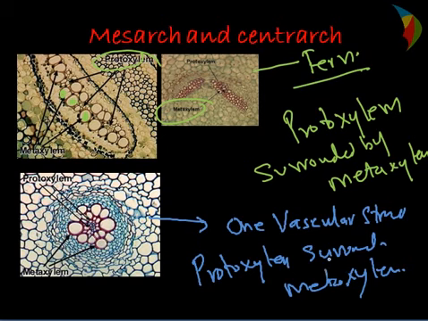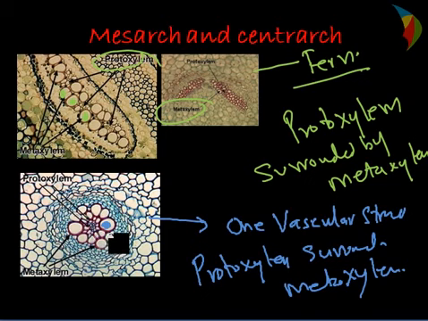If we describe protoxylem, it is found during the initial stage of primary xylem, and it is smaller in size compared to metaxylem. Metaxylem is bigger, and protoxylem is always smaller. The metaxylem is also part of primary xylem, that is differentiated after protoxylem differentiation takes place, and it's bigger than protoxylem.